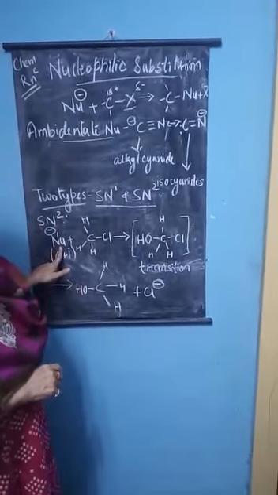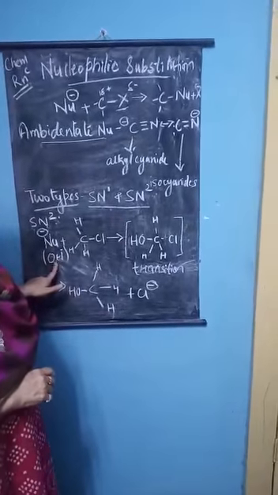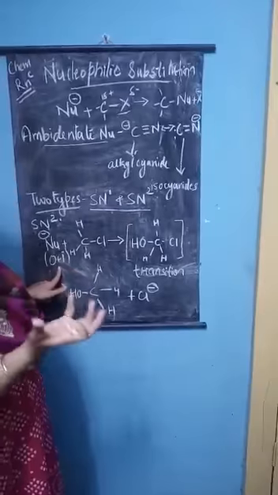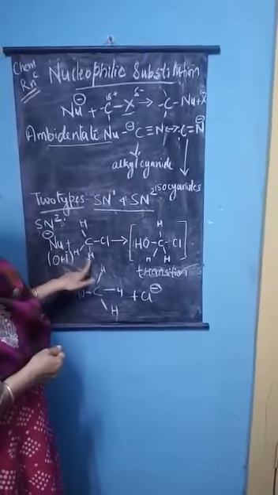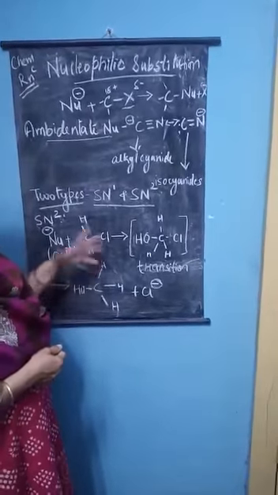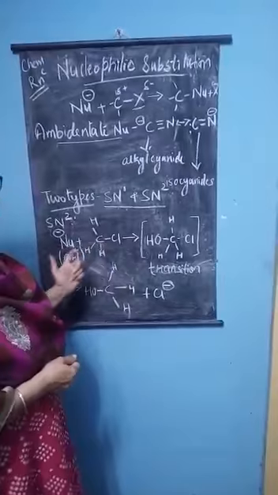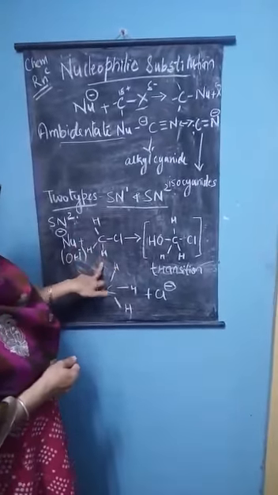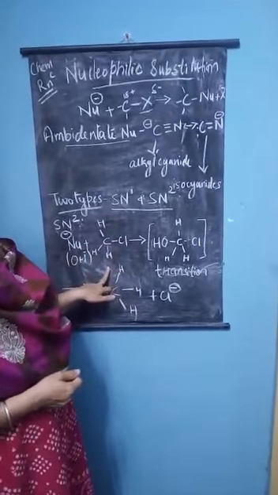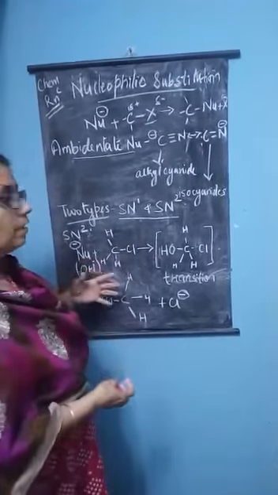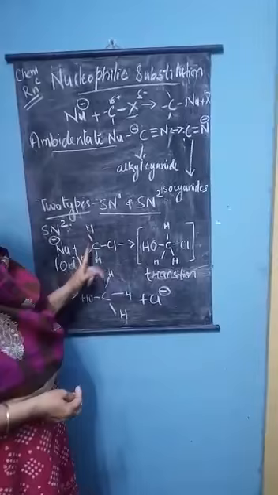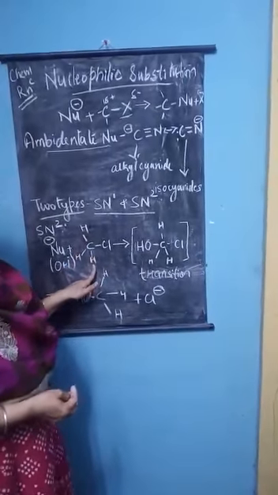One is the nucleophile, the incoming group OH, which is considered a very reactive nucleophile, and the other is the alkyl halide which we are taking. What type of alkyl halide is there? It is a very important part of this reaction. If the alkyl halide is primary, then the reaction proceeds very fast, because there is no bulky group present, only hydrogen is attached to it.